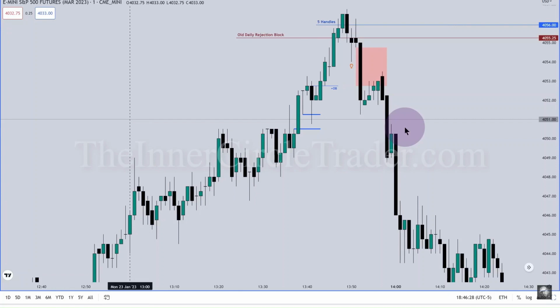It became an inversion level. This should have been what? Support. It does. Once it trades through it, it now becomes what? Resistance. Boom. It's not supply and demand. It's not classic support and resistance. Okay? It's completely algorithmic. And you cannot arm wrestle it. It is what it is.